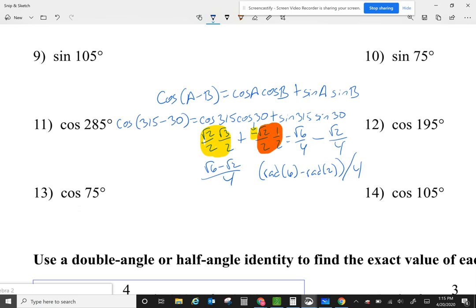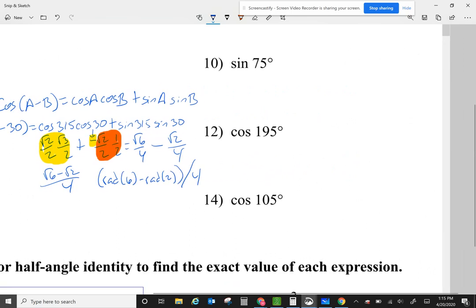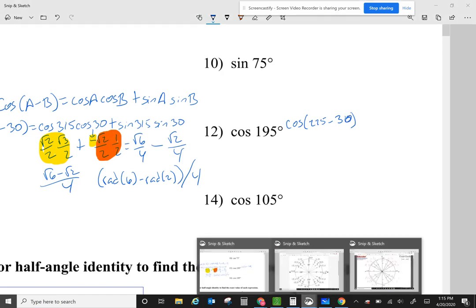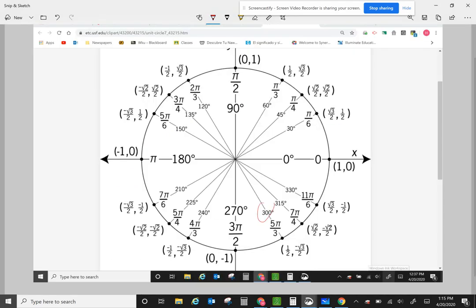Now, what about question number 12? Two numbers that when I subtract equal 195. I'm just going to say cosine 225 minus 30. Remember that the numbers that I choose are from my degrees here. Any two numbers.